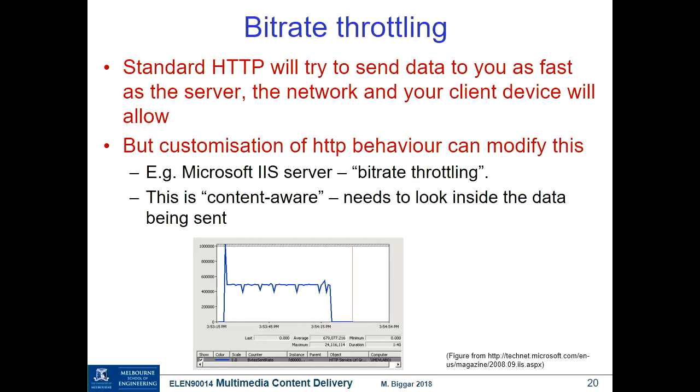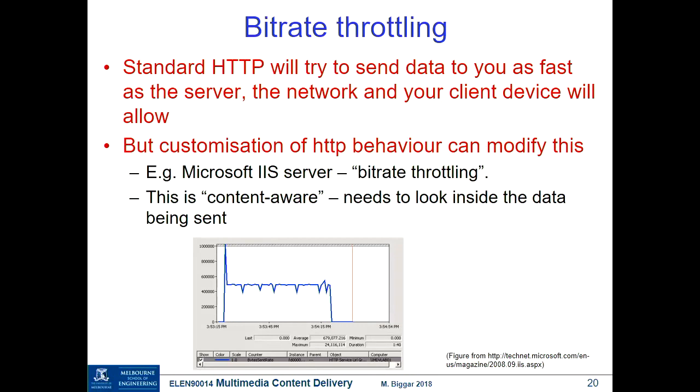Okay, so how can we get around that? Well, there are fixes, though they're not necessarily very elegant. So, for instance, if we're using HTTP to download data as fast as we can from a server, so we've asked for a file, it starts to download it. It would ordinarily be driven only by the throughput that it can achieve through the network.